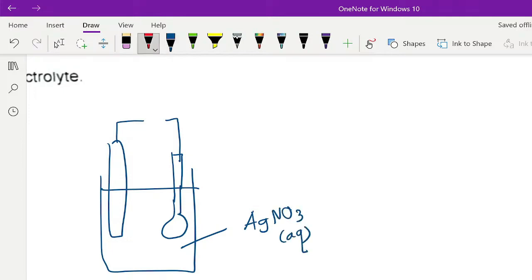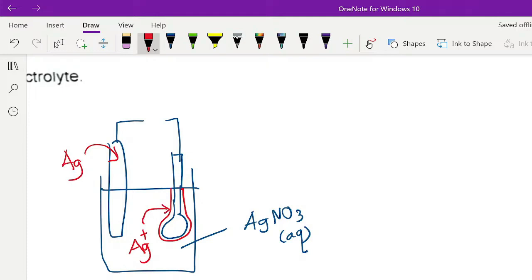What do I want? I want to coat the spoon with silver. So I need this electrode to be silver. And I need the silver ion to go and attach itself to the spoon.